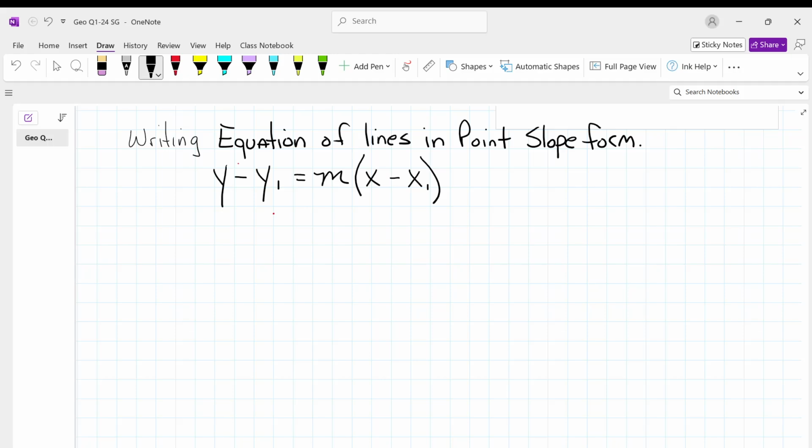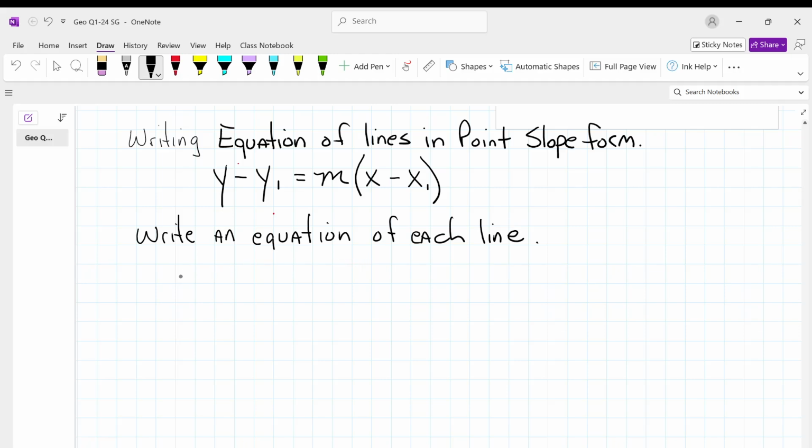So here's the way that this works. You're going to be asked to write an equation of each line. And you're going to be given the slope and you're going to be given a point.